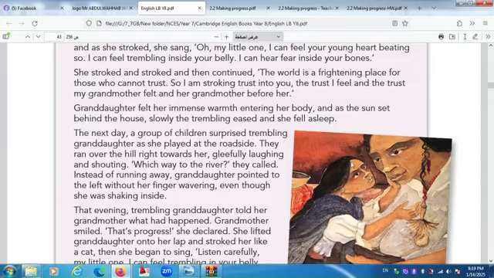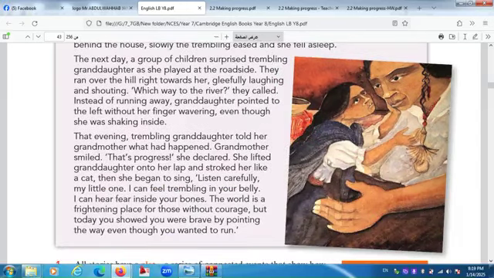So the granddaughter will become better, stronger, and later on the grandmother will pass away. It's to pass on the generation, the courage, the heritage, or the value, if you wish to say, from the grandmother to the granddaughter. Okay?